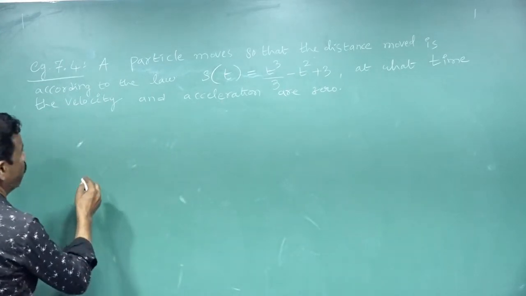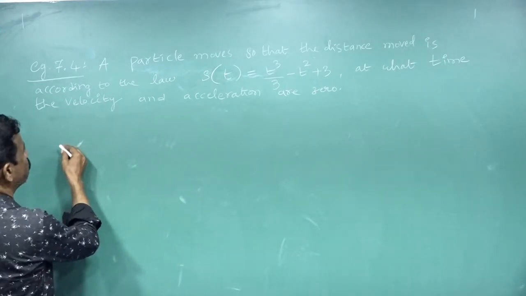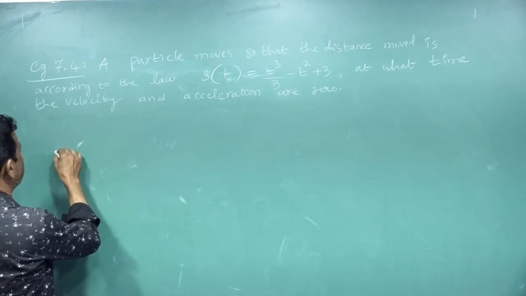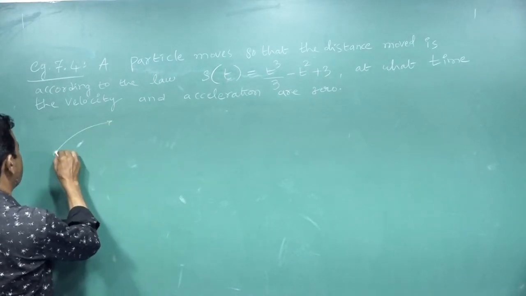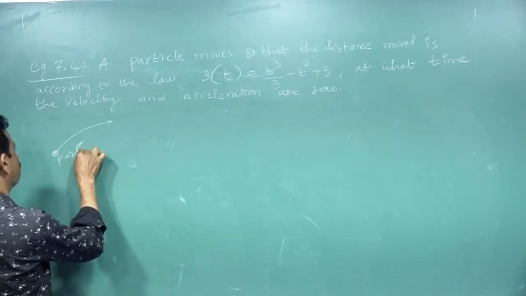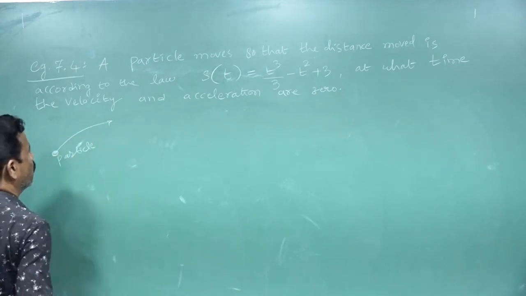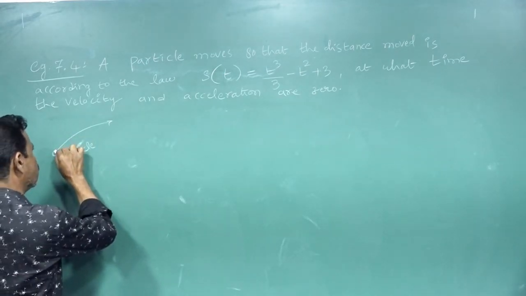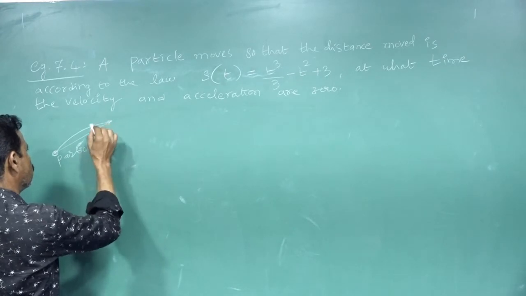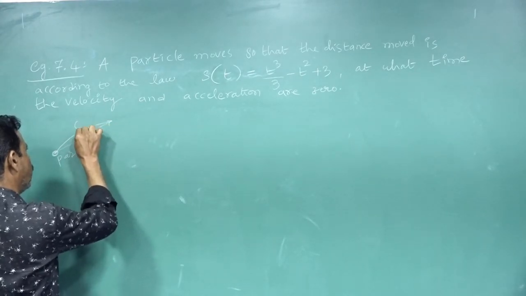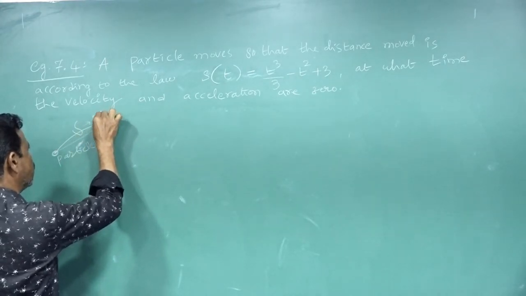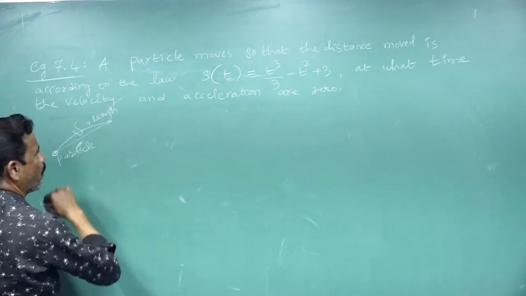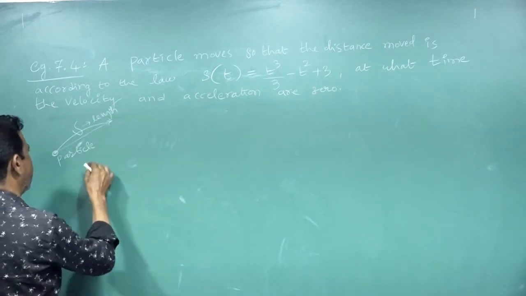Here a particle moves like this. This is the particle. This length is denoted by S. S is the length, and t is the time.